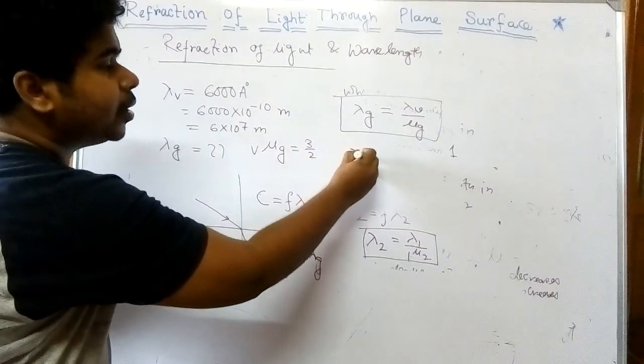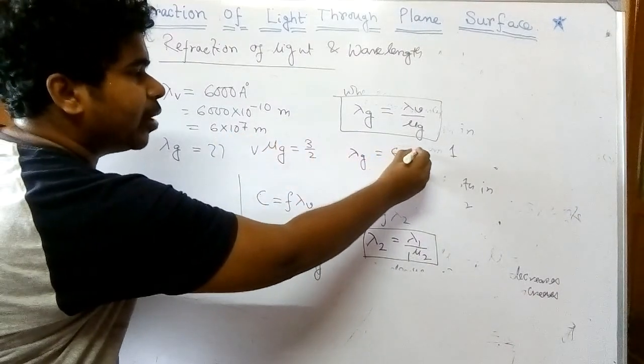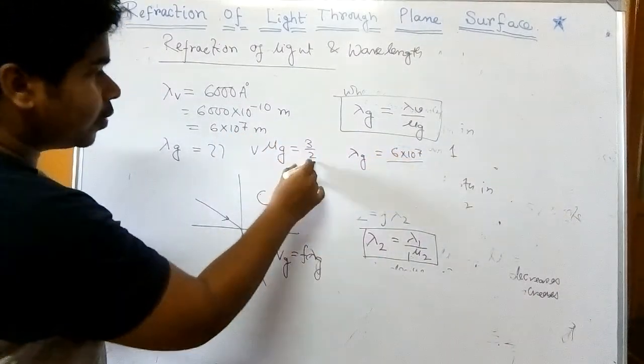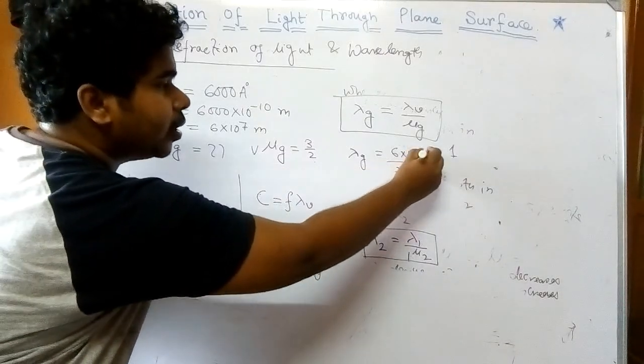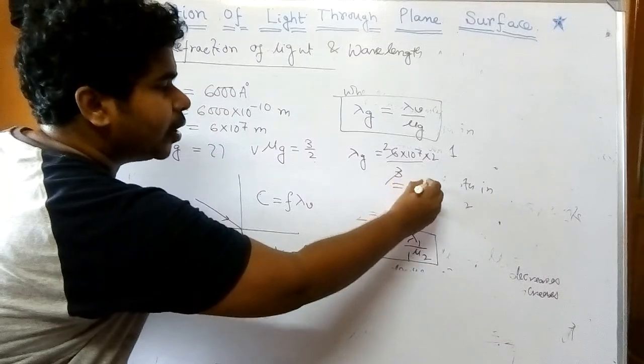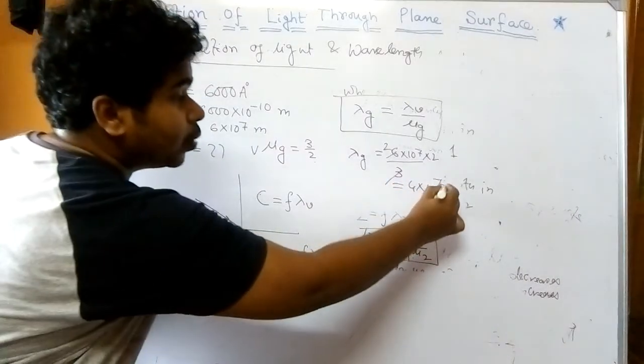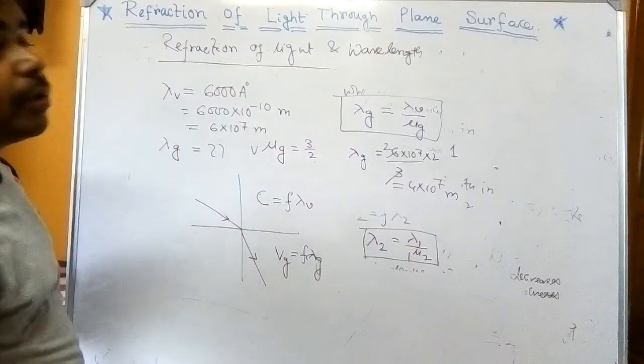So lambda g is equal to 6 into 10 to the power minus 7 divided by 3 by 2. The 3 by 2 will come here, so 3 2s are 6. So it will be 4 into 10 to the power minus 7 meter. That will be your wavelength.